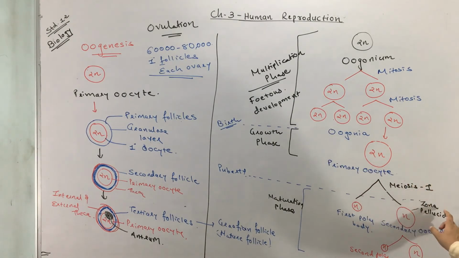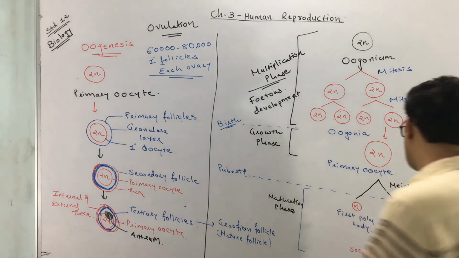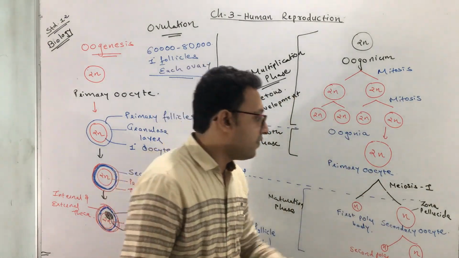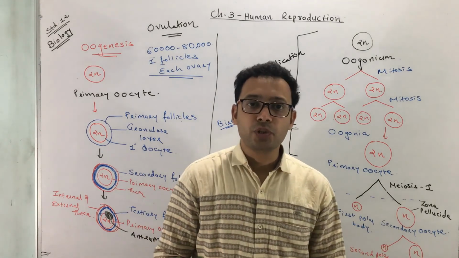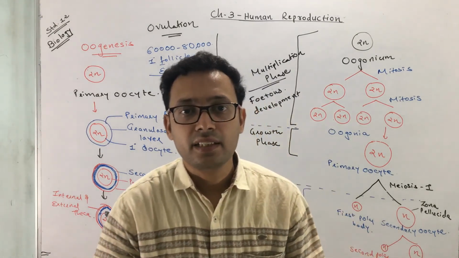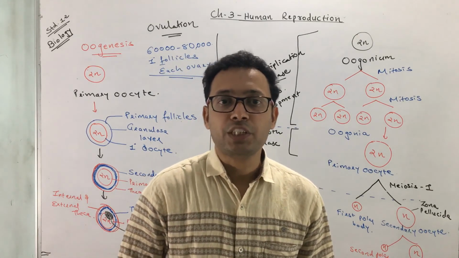The large cell is called the secondary oocyte, surrounded by a layer called the zona pellucida, and the small cell is called the first polar body. Now there are two possibilities for this secondary oocyte: either fertilized or not fertilized. If it is fertilized, then the ovum is produced, and if not, all the content gets ruptured and is discharged along with the menstrual fluid.